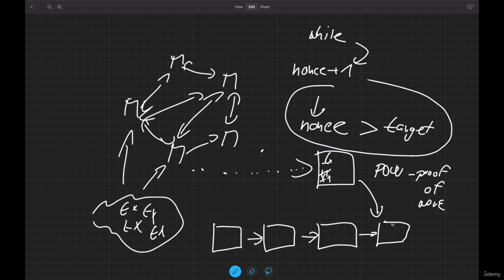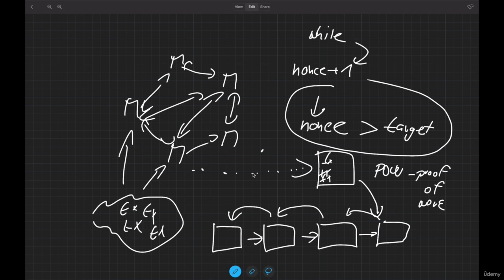As the reward, the miner will get some Ether from the network. So the miner has to do some work in order to add the new blocks of transactions into the blockchain, and each block is pointing to the previous one.